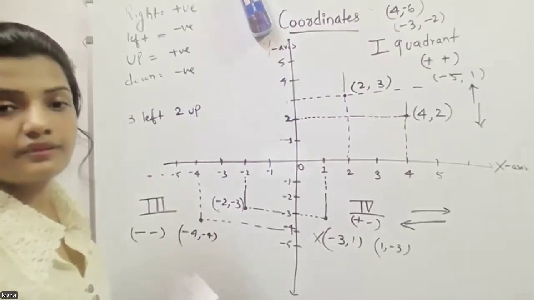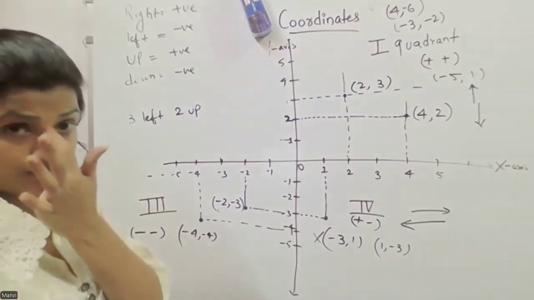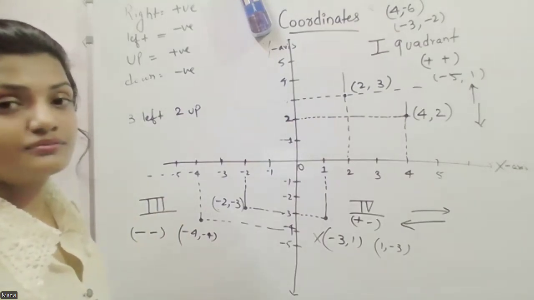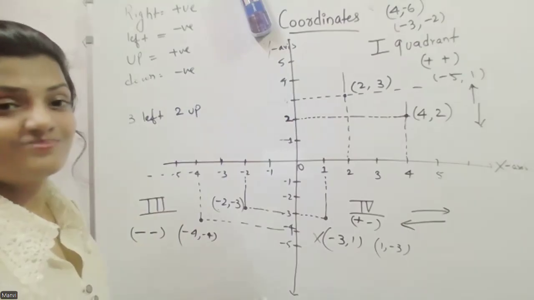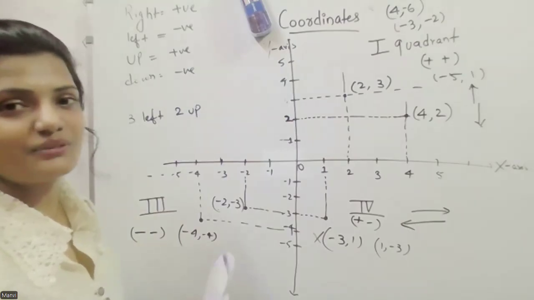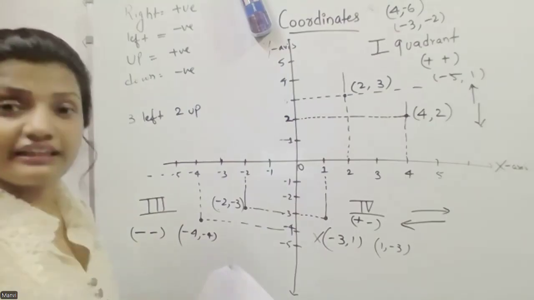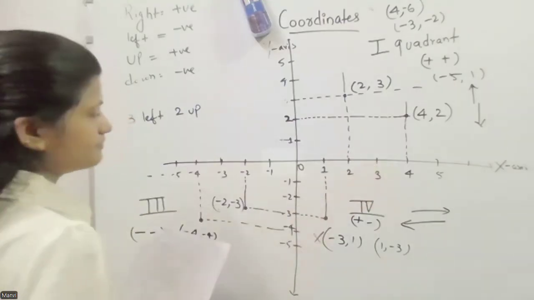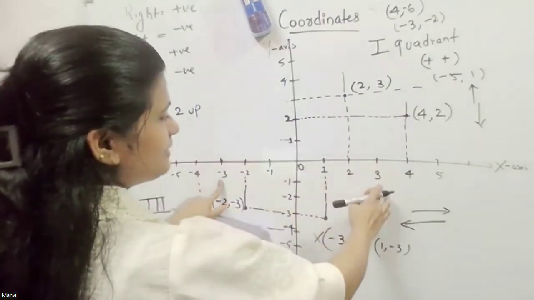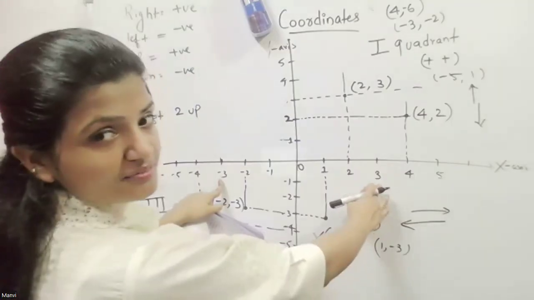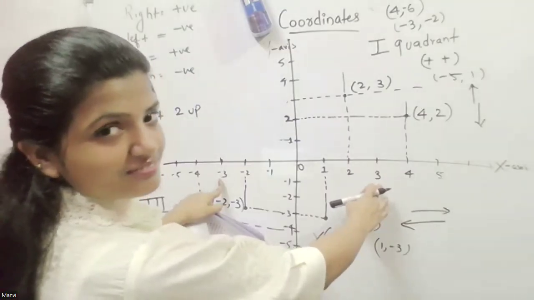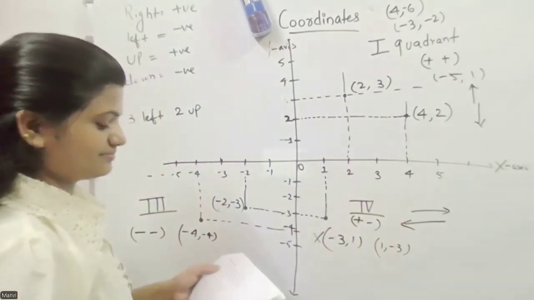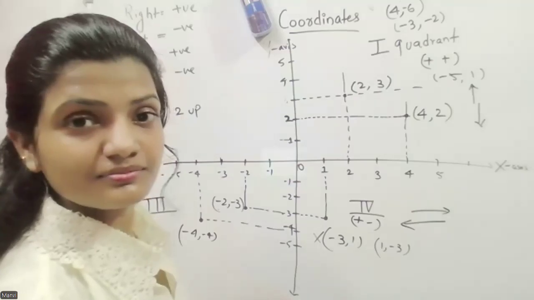Minus 3, 2. You need to think about this before telling me the answer. Minus 3, 2, not 3, 2. Both are different, right? Minus 3 lies here, 3 lies there. The difference between these two is 6. So just that one has a minus 3 and that one doesn't. Okay?